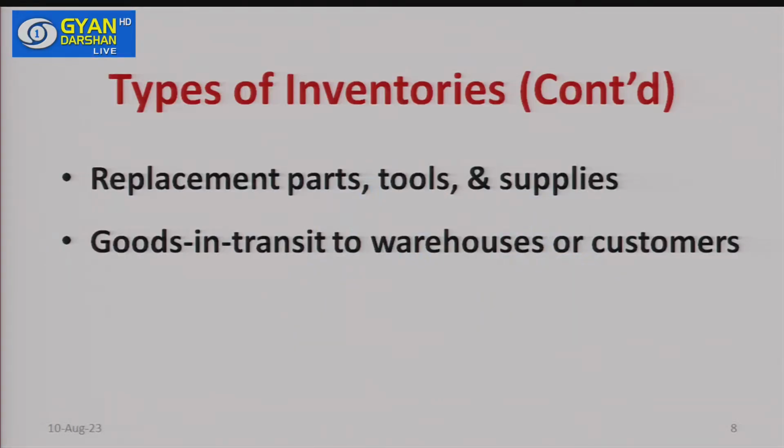Now another type of inventory which I have already told you is transit inventory, goods in transit. Suppose the vendor has already sent the raw material and has communicated to the manufacturer, then it will be counted as transit inventory.